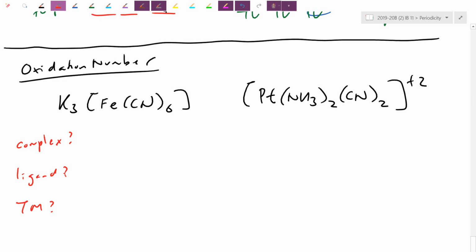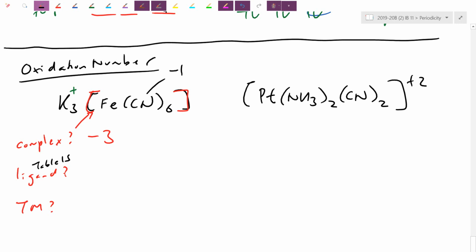This is sort of like your ionic chemistry stuff, just matching up charges, just gone crazy here. K, I know, is an alkali, it's a +1, and I needed 3 of them to counterbalance everything inside the square bracket, which is the complex. What charge does the complex have? Hopefully you're able to say to me -3. The ligands, if you look at table 15, the spectrochemical series, will always have the same charge.